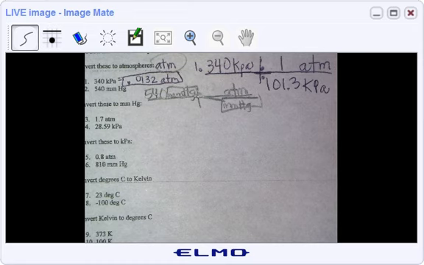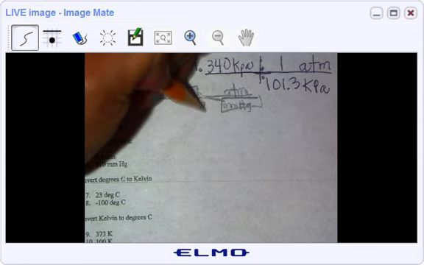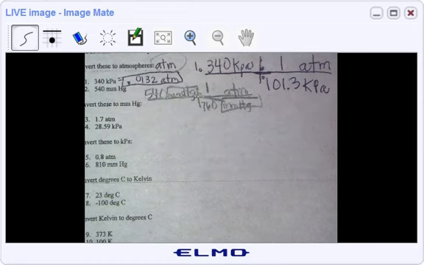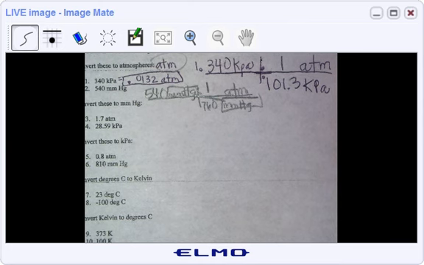So 760. And I got that 760 from the left side of the paper where it tells you the conversions, where 1 ATM equals 760 mmHg. And again, those are units of pressure.